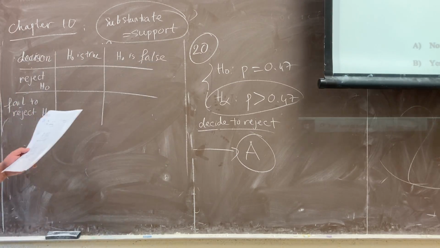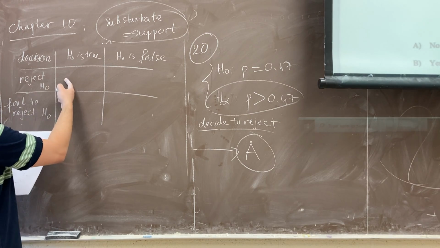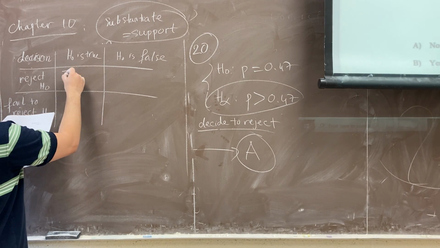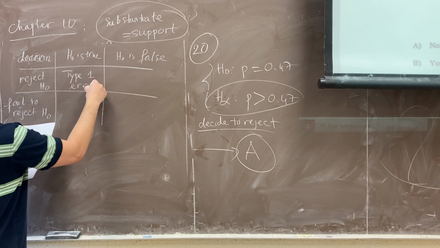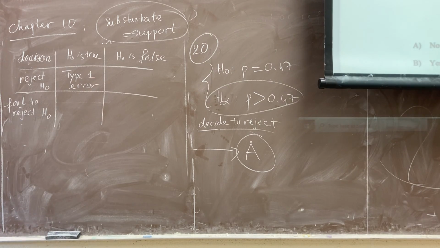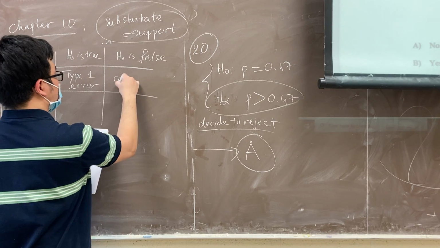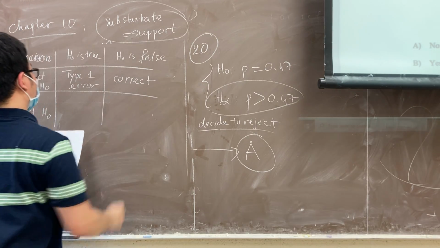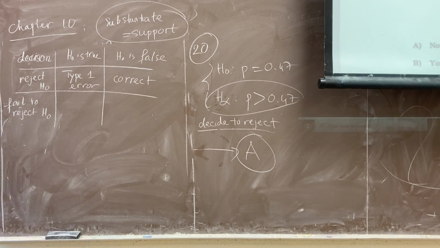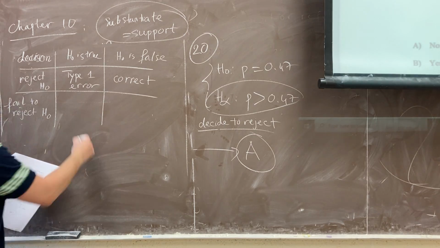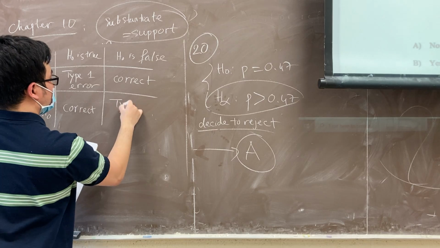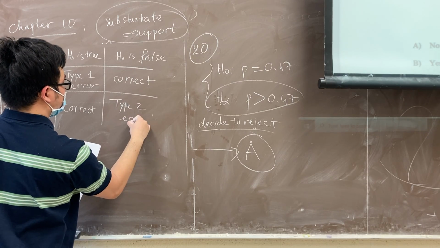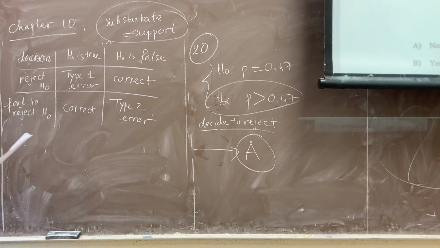When H0 is true, when we reject H0, that is the error, the type 1 error. And when H0 is false and we reject it, that means we make the correct decision. And when H0 is true, when we fail to reject H0, that means the correct decision. And otherwise it's a type 2 error. Okay. That is the table you need to remember.